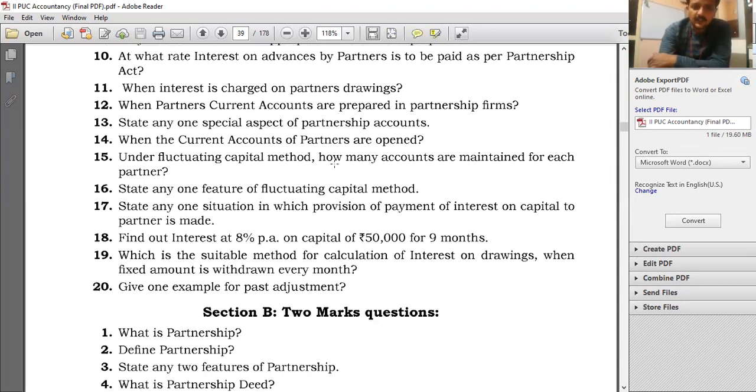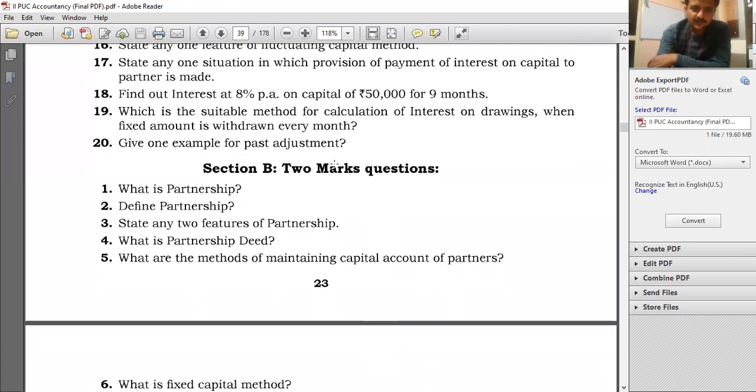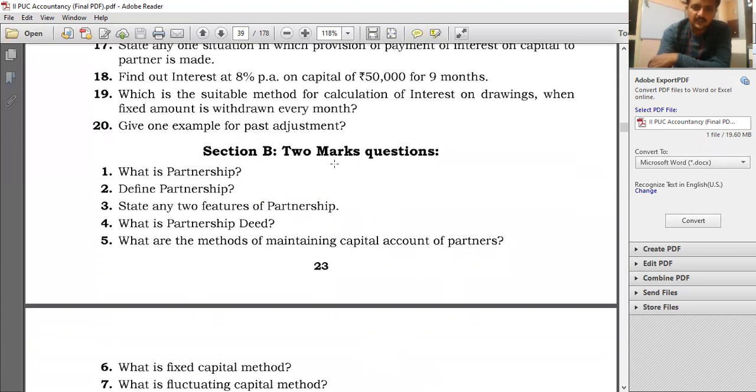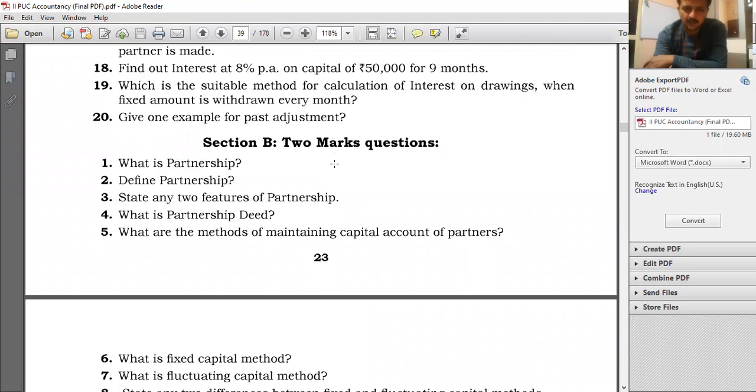Then under fluctuating capital method, how many accounts are maintained for each partner? Only one, that is the partner's capital account. Then state any one feature, leave all this, they will not ask. Then find out the interest. This they may ask. That is 50,000 into 8% into 9/12, that will do. Give one example of past adjustment. This also will not come, don't think about it.